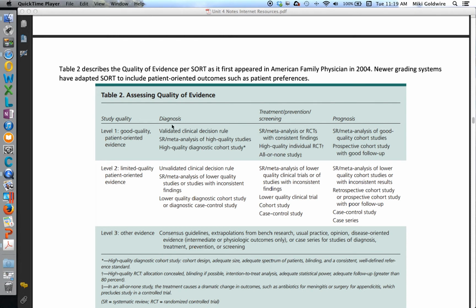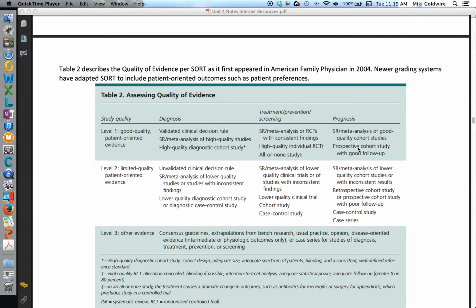And they give you an example of the diagnosis: validated clinical decision rule, a meta-analysis with high-quality studies, a high-quality diagnostic cohort study, treatment and prevention screenings, and then for prognosis.